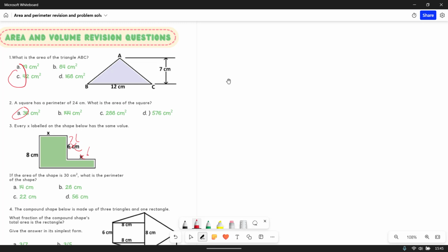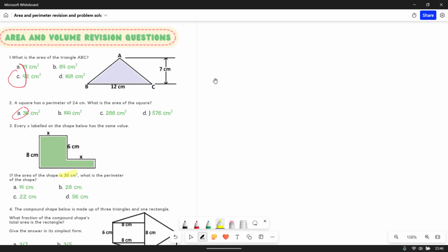So this should be 6 and this should be X. That's a mistaken question. Okay, let's try that. Actually, I didn't read the second part of the question. If the area of the shape is 30 centimeters, what's the perimeter of the shape?